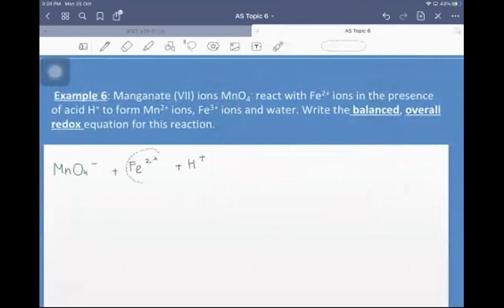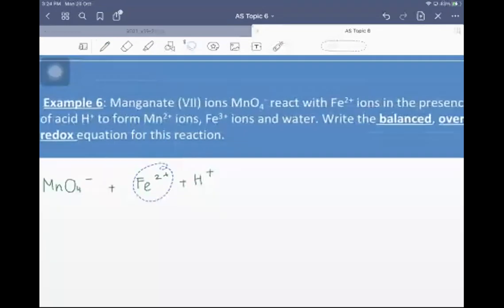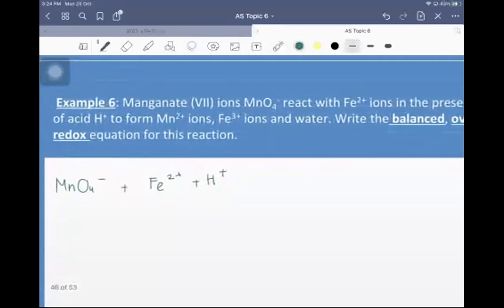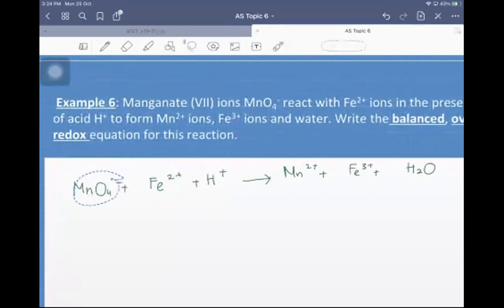Maybe I'll give space for balancing. To form Mn2+, Fe3+ ions plus H2O. So these questions want us to find the stoichiometric number by using oxidation state. So those are the missing information at the start, the mole ratio. Basically it's just the mole ratio.